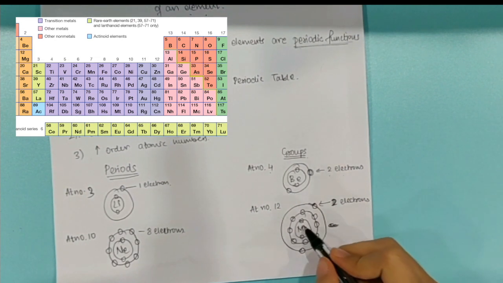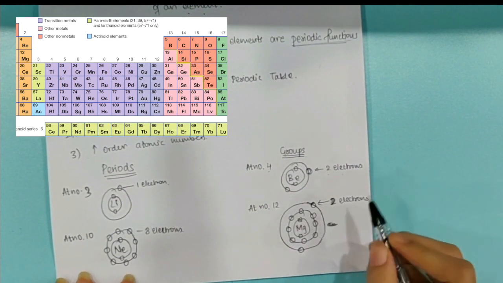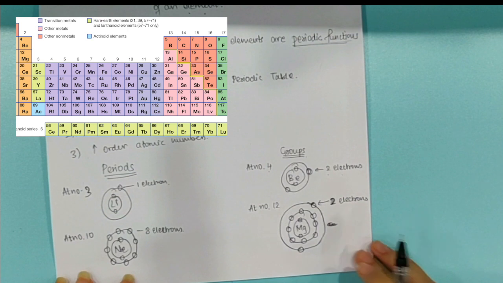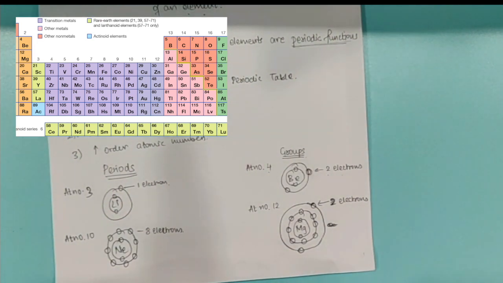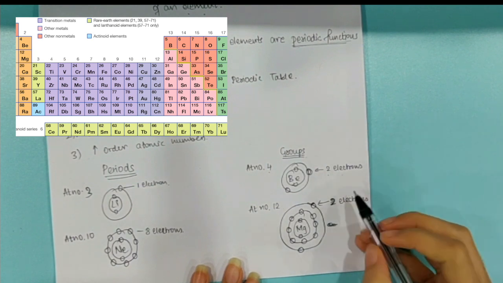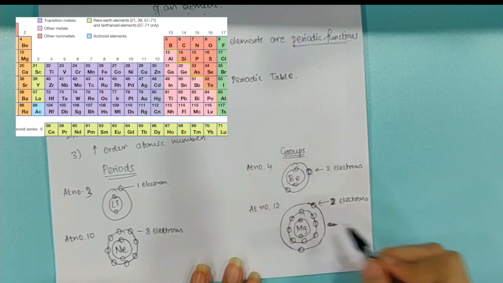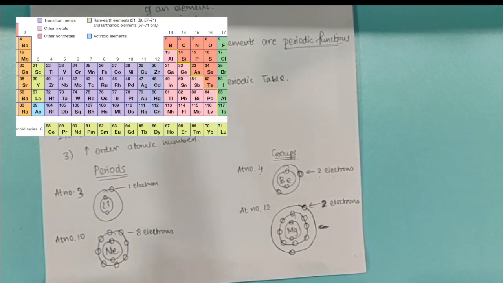So it goes like 2 electrons in the first shell, 8, which is the maximum electron count, in the second shell, and the last shell comprises 2 electrons, and that gives us the atomic number of 12. So this shows that as we go down the group, the outermost electronic configuration will remain the same.